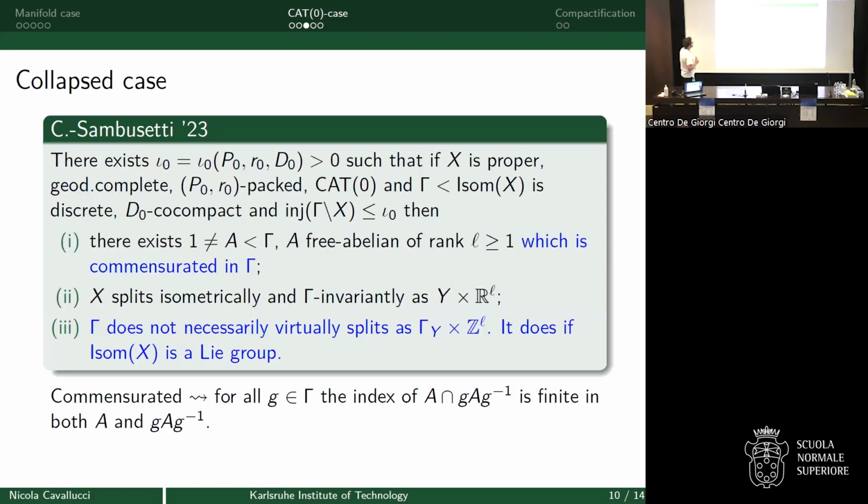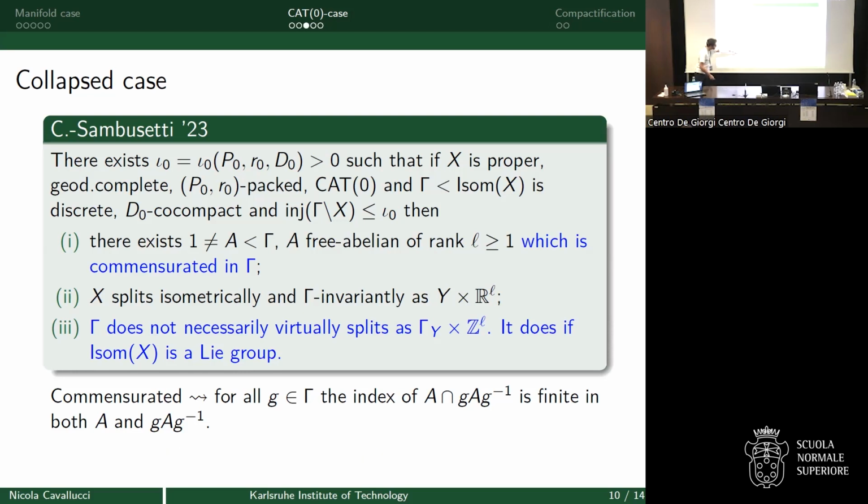Okay. Now, what happens for the collapsed case? There are differences also in this case. The theorem is really similar to the manifold case, but what are the differences? Okay, if the injectivity radius of the quotient is small enough, then we can find a free abelian subgroup of gamma of positive rank, which is just commensurated, okay, not normal now.